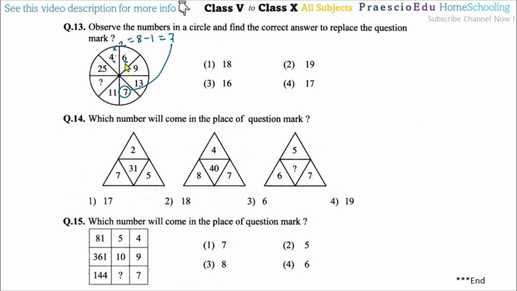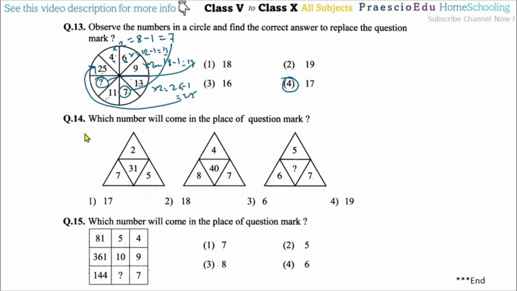Likewise, this 6 multiplied by 2 is 12, minus 1 is 11, and 11 is opposite. Same, 13 multiplied by 2 is 26, and 26 minus 1 is 25, which is given opposite of this 13. With the same relation, 9 multiplied by 2 is 18, 18 minus 1 is 17. So 17 should replace the question mark, which is option number 4.